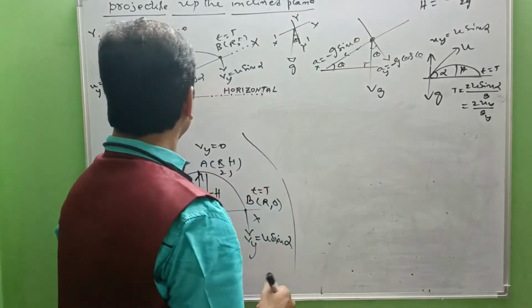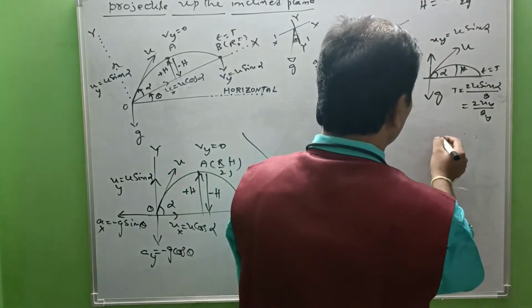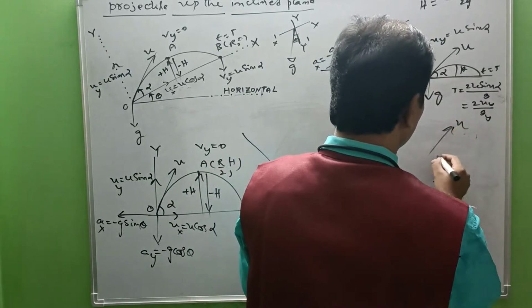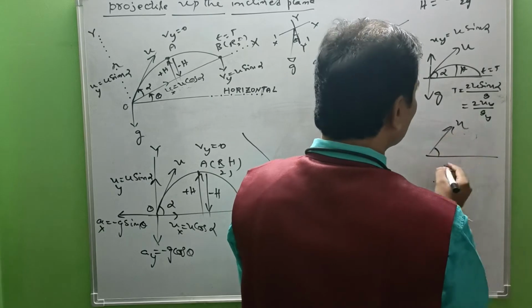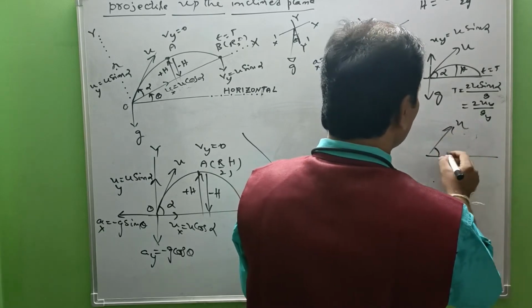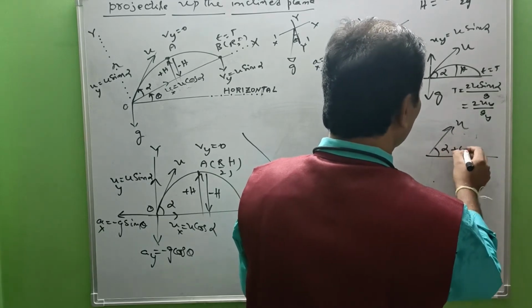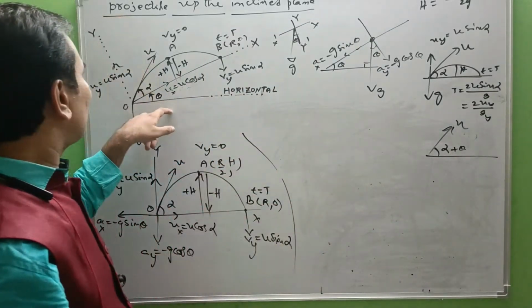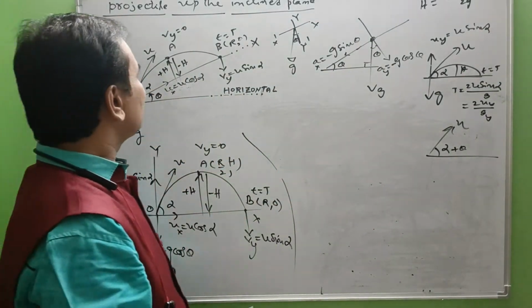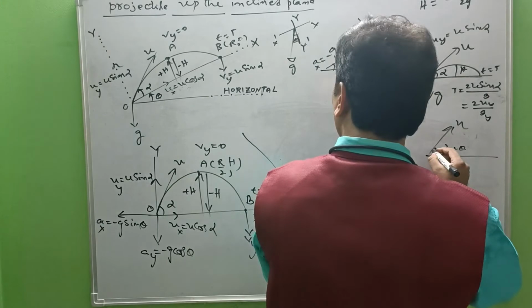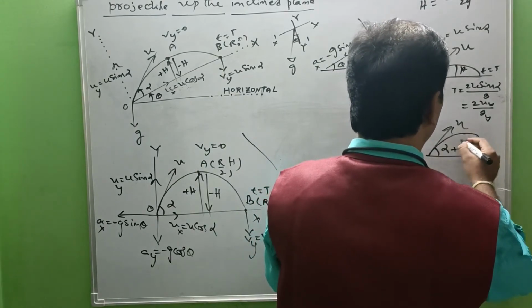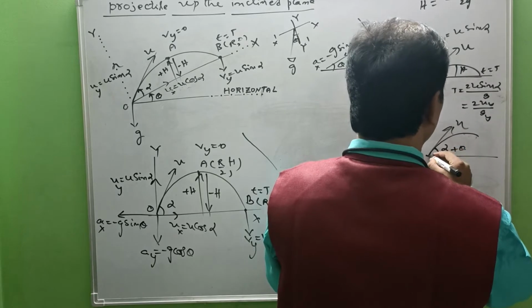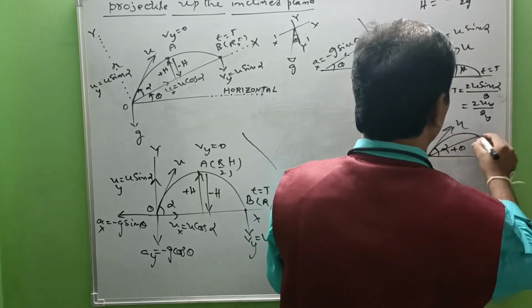See here, this is u and this is horizontal. What is the angle made by u with horizontal? Alpha plus theta. Now it takes a parabolic path like that.